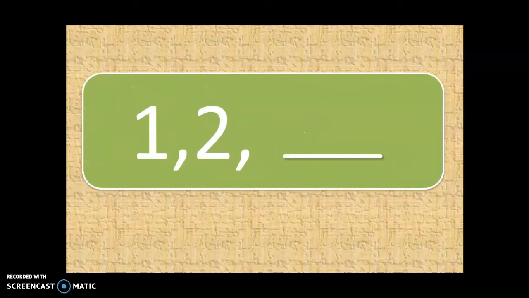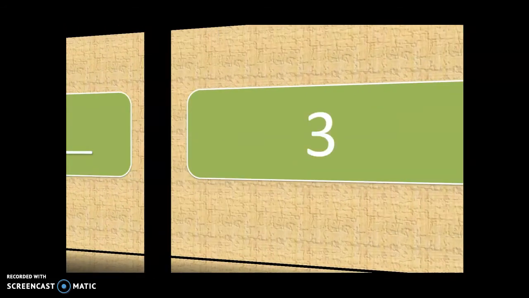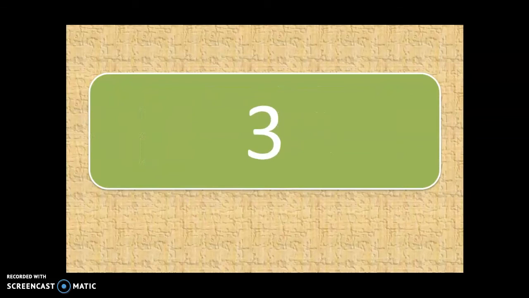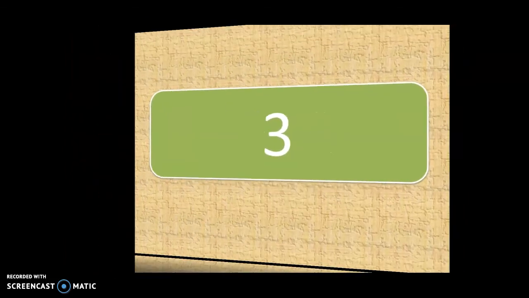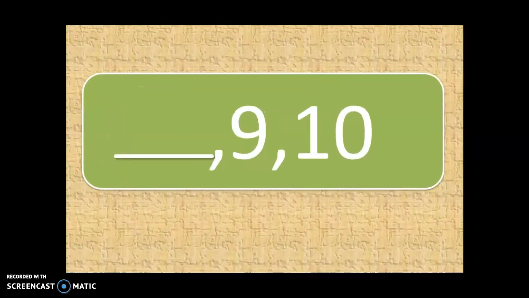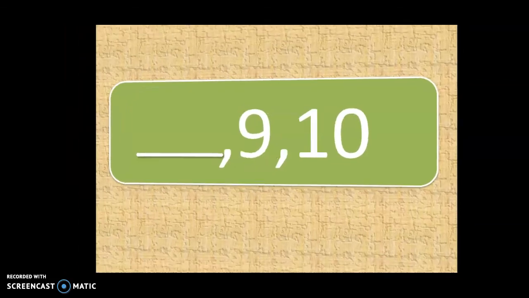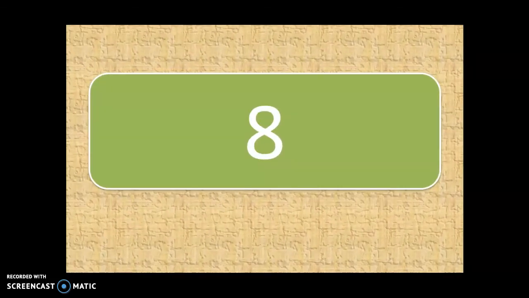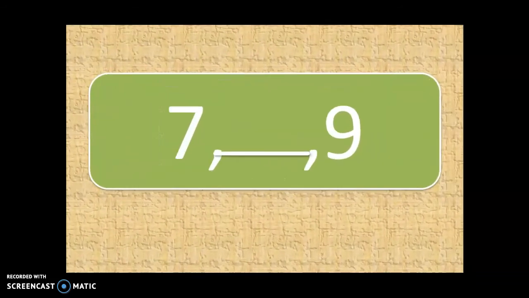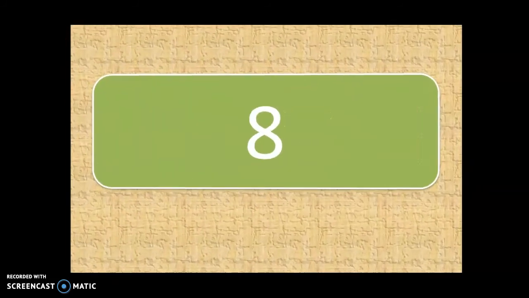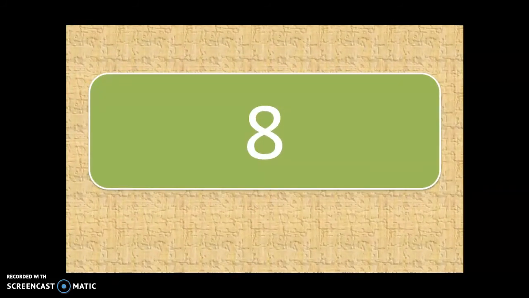Oh, that's easy. What comes after 2? Say it out loud. 3. It might just be faster to say it out loud. Okay, what comes before 9? 8. Good job. Okay, what's in the middle of 7 and 9? 8. Good.